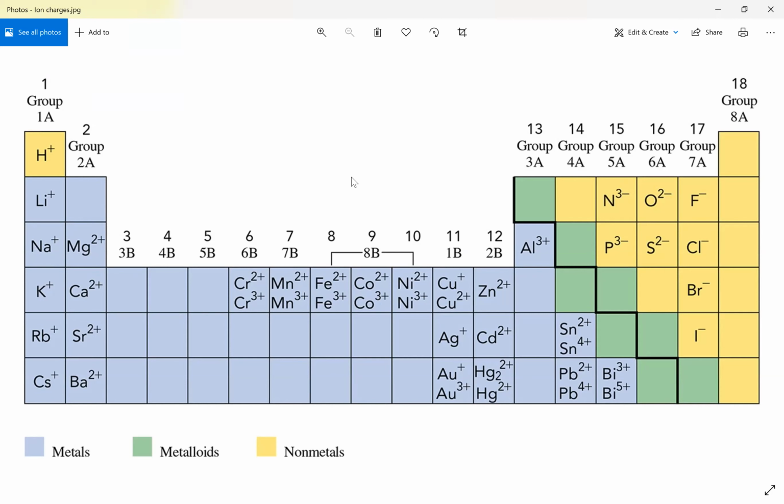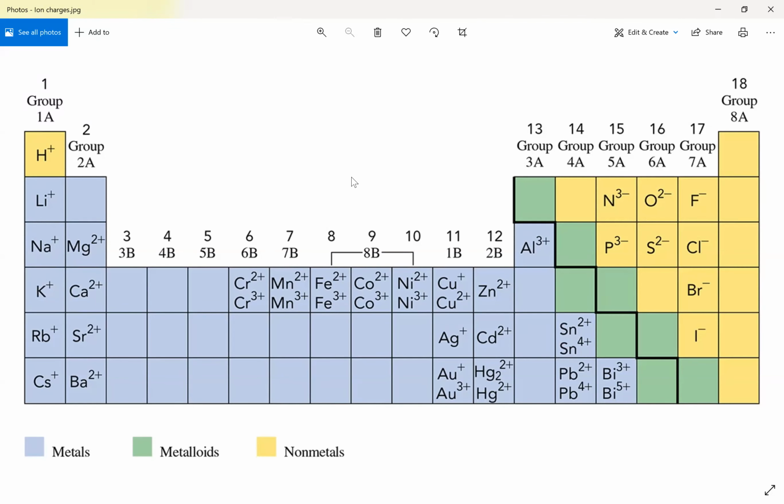Okay. I'm not going to talk about the middle section of this table in detail. However, I will mention that, if you remember, I told you that the middle section has a particular name, which is called transition elements. The reason we call them transition elements is that these elements can have more than one charge, just like the one that you're seeing here, Cr, chromium.